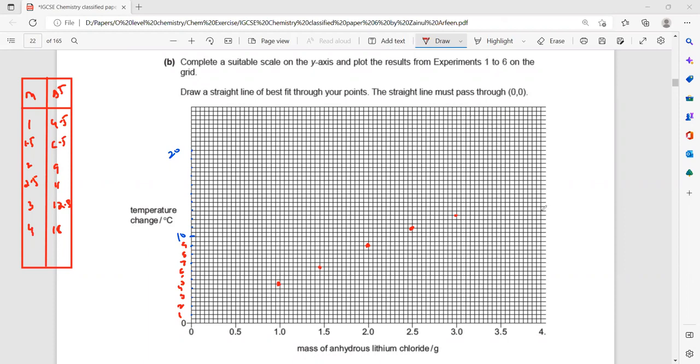So this was 12, 13, now 14, 15, 16, 17, and 18. So these are the points which will appear.